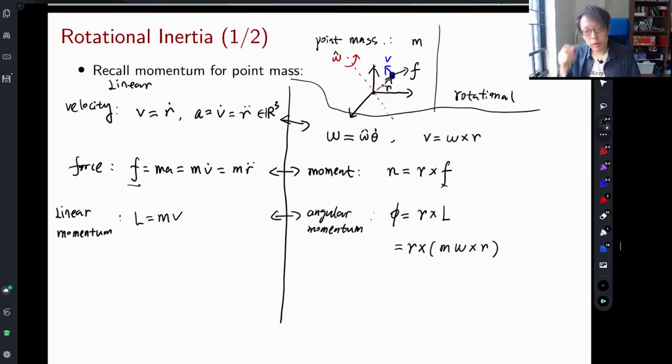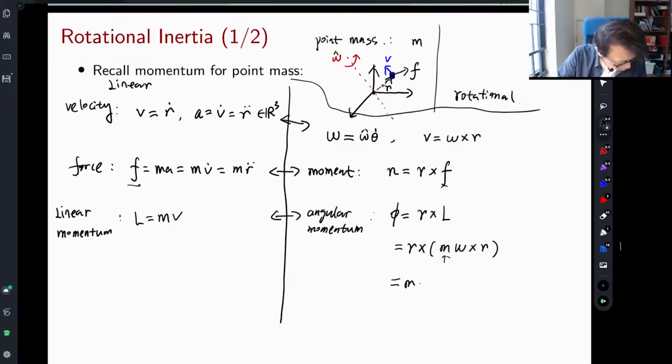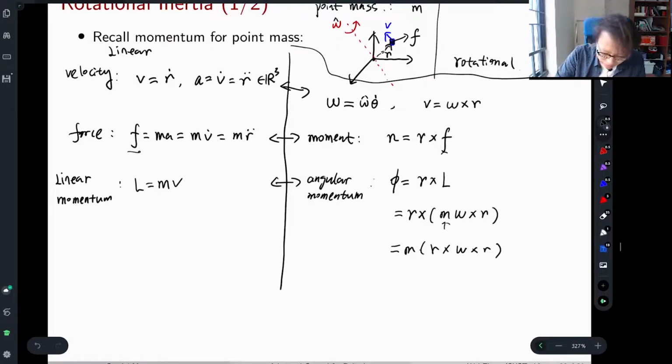Are you with me? Agree? Okay. And we also know m is a scalar, it's a mass, so we can pull it out. So m times r cross omega cross r. Okay, that's what it is.